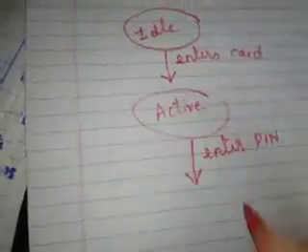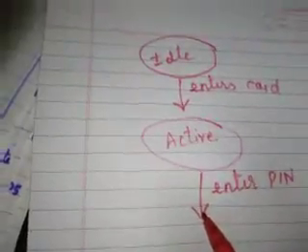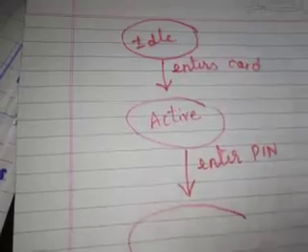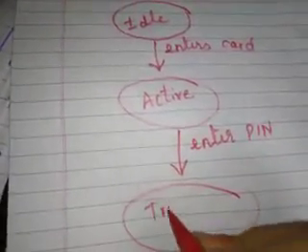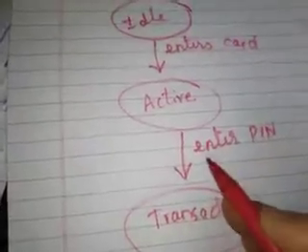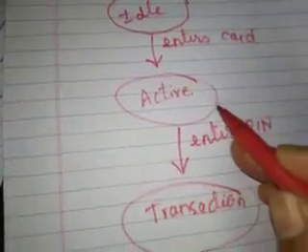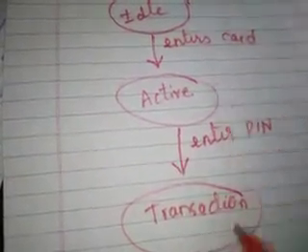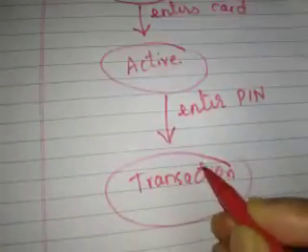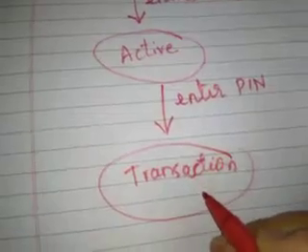Now according to our thinking, the ATM machine should give us the information regarding the transactions that the customer can do, right? As soon as the event enter pin happens, the originating state is active and it transits to the target state, that is transaction.